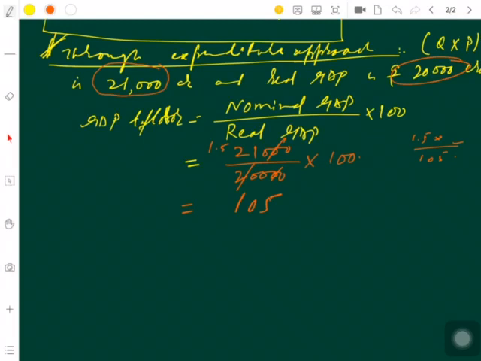So you can see that what we calculated is the GDP deflator. The value of the GDP deflator turned out to be 105.